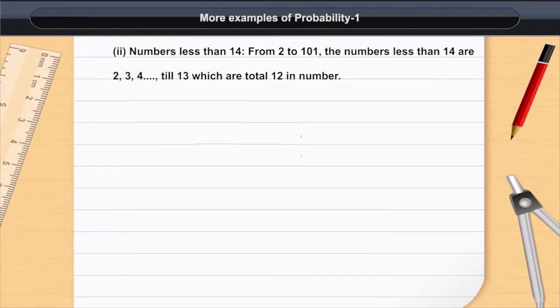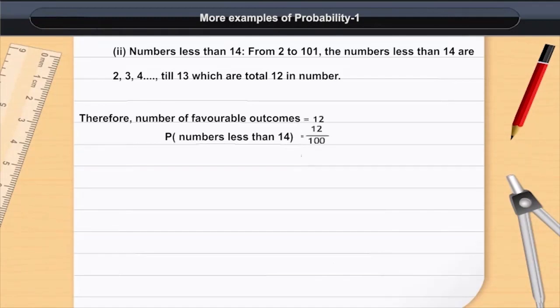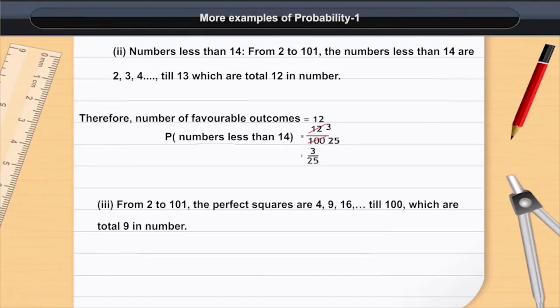From 2 to 101, the numbers less than 14 are 2, 3, 4 till 13, which are total 12 in number. Therefore, the number of favorable outcomes is equal to 12. P of a number less than 14 is equal to 12 by 100, which is equal to 3 by 25.